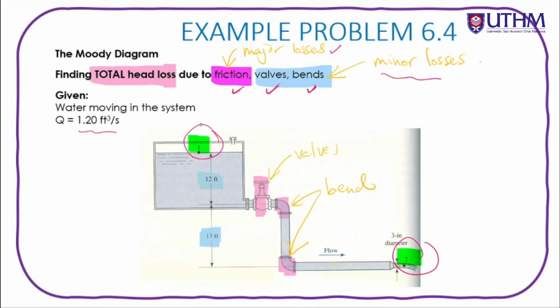Okay, so the question asks to find the total head loss. This total lah basically. So kita tahulah dekat sini, H total equals to H due to major losses, okay, plus H due to the minor losses. Okay, alright. So how are we going to solve this question?